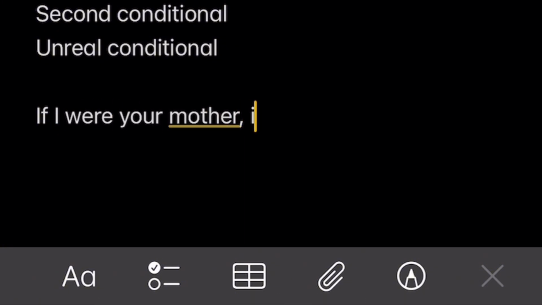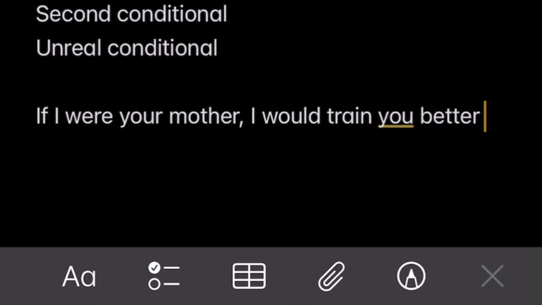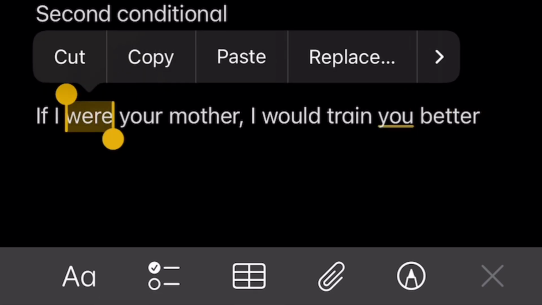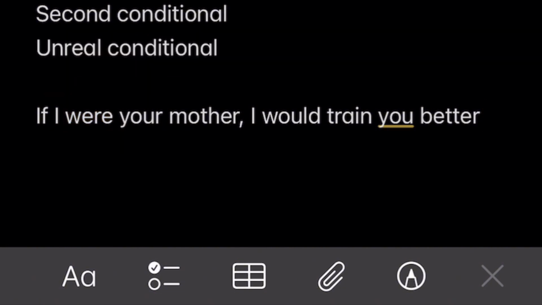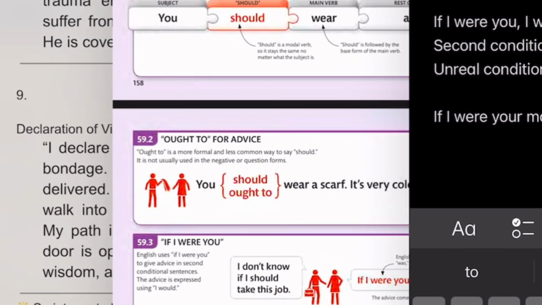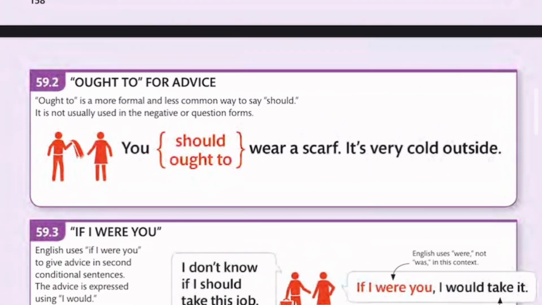It's the same thing as saying, if I were your mother, I would train you better. But I am not your mother. That's why we are using it that way. You understand? It doesn't mean you're actually expressing that sentence in the past. It just means that it is an unreal situation. So you use would with it.